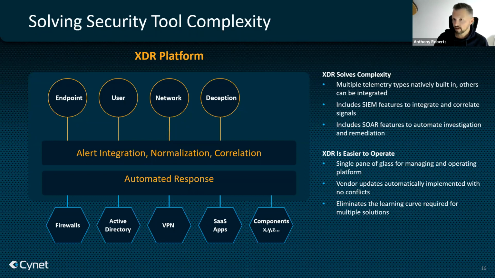So rather than have multiple point products, then acquire a SIEM, take feeds from all of these products, and then try to build processes and manage all of that, we built the SIEM functionality into the Cynet XDR platform as well. And to deal with the response side of security, some of those solutions can be very passive.